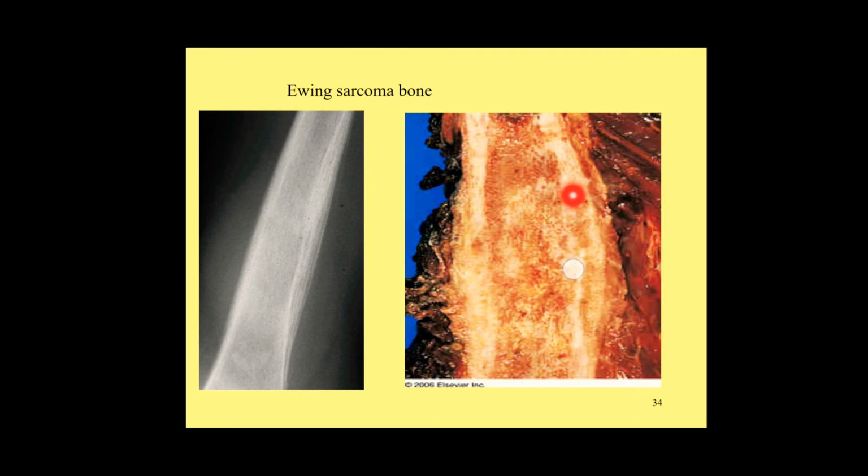Grossly, it arises in the medullary cavity and invades into the cortex and the periosteum into the soft tissues. It will be tan white and contains areas of hemorrhage and necrosis.